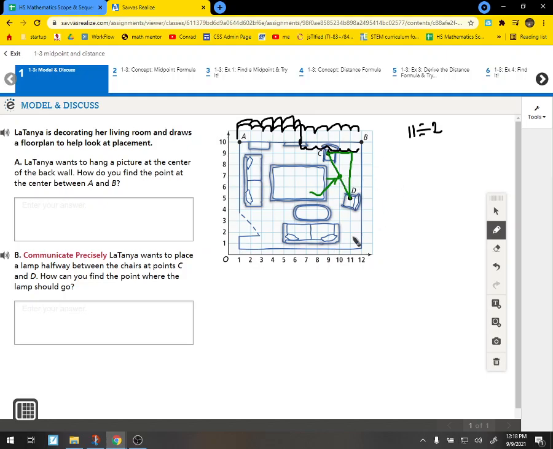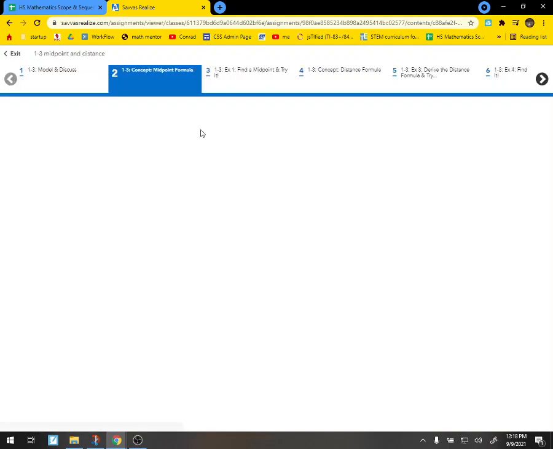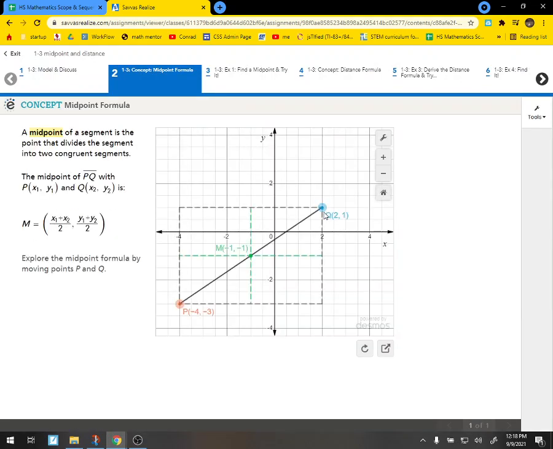So we're going to generalize this, and we're going to be able to do it without being able to see the picture. So when we have the picture, it can be really helpful, but sometimes it's not so straightforward. So the midpoint is literally the point halfway between 2 other points. If we were looking at a line segment like we were last time, we would call this point the bisector. Remember, bisecting means that it cuts it in half.